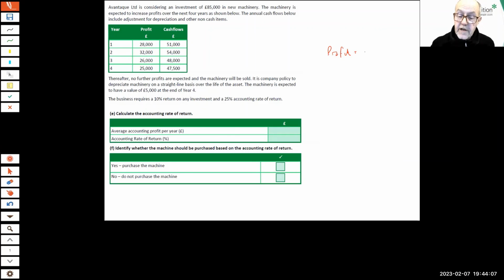So we're going to make 111,000, which over 4 years is 27,750 average, which, if we look at our average investment, we invested 85,000, but we will get 5,000 back. So our actual investment nets off at 80,000.